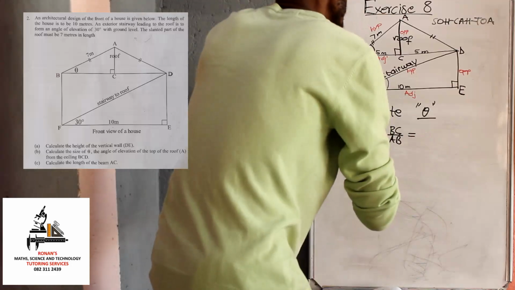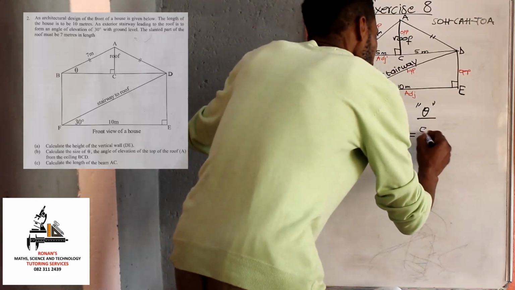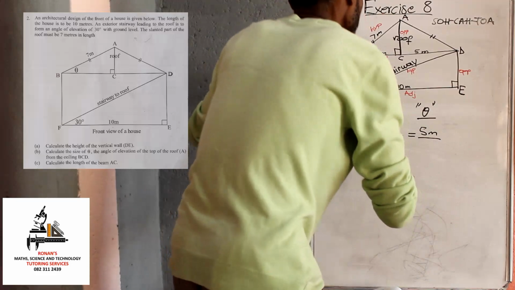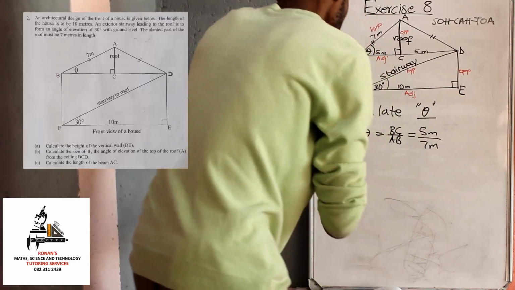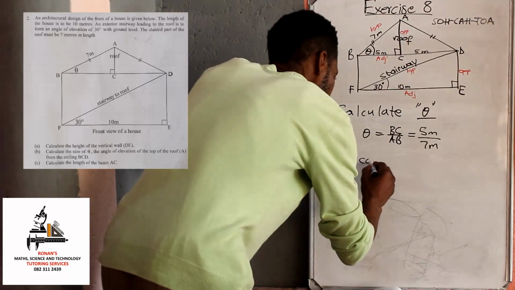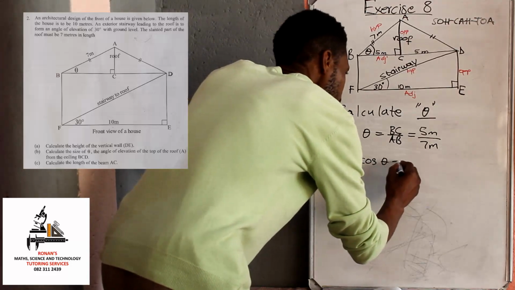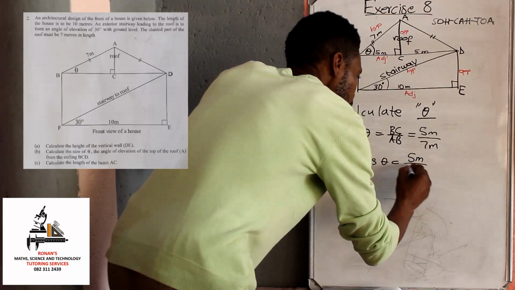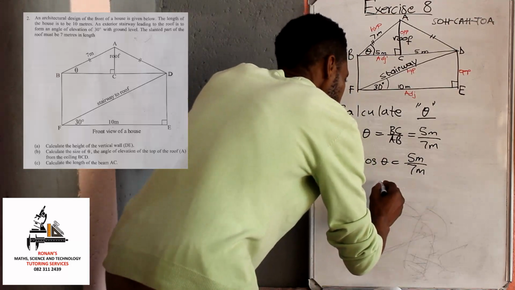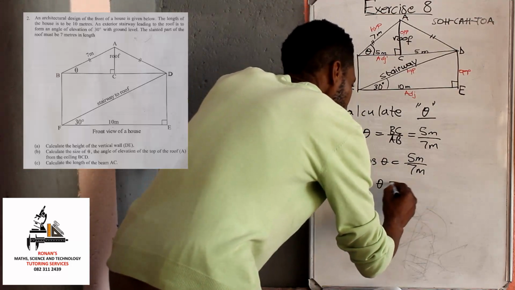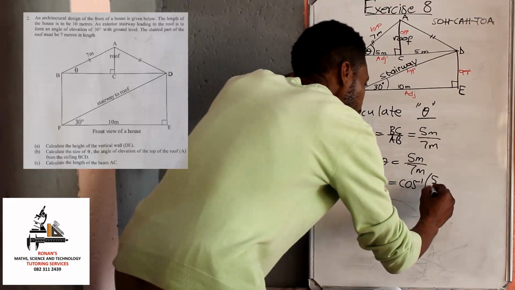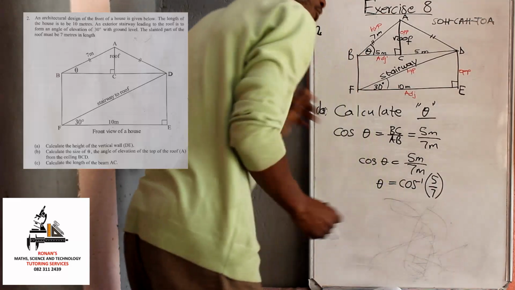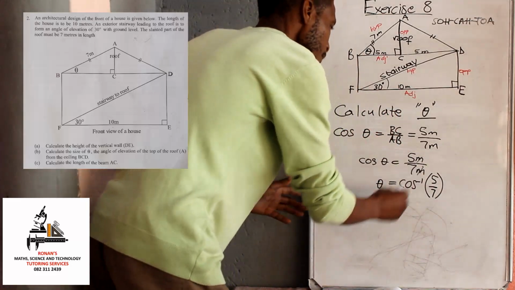BC being 5 meters over AB being 7 meters. And then that means cos theta is equal to 5 meters over 7 meters. Theta will be equal to the arc cos of 5 over 7. We've just eliminated those meters.